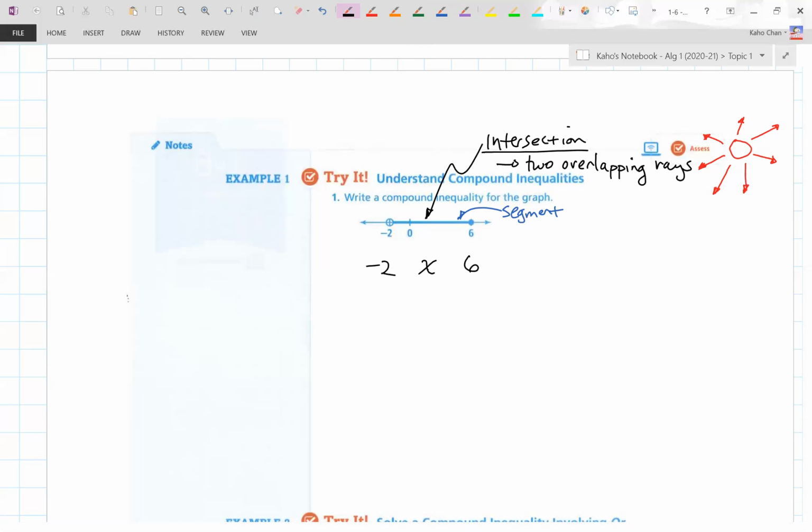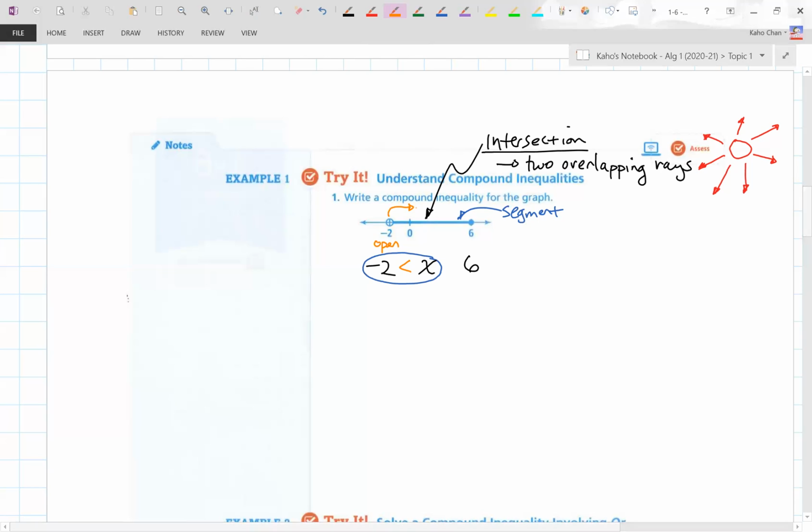The open circle on the -2 requires an inequality that doesn't have an equal sign. That literally means x is greater than -2 because we're going this way when you read that backwards.